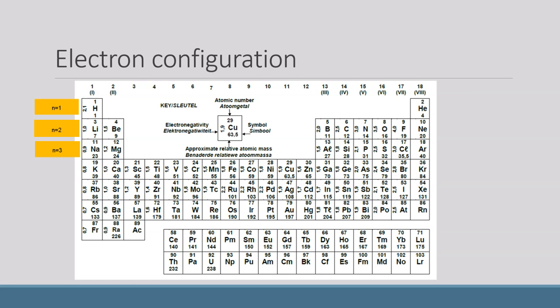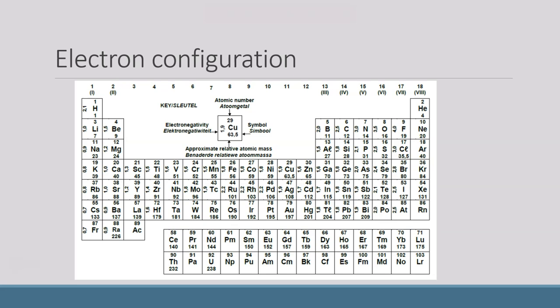Period 4 elements have their outermost electrons in the fourth energy level, which is n equals 4. Period 5 elements have their outermost electrons in the fifth energy level, so that is n equals 5. Period 6 elements have their outermost electrons in the sixth energy level, and period 7 elements have their outermost electrons in the seventh energy level.